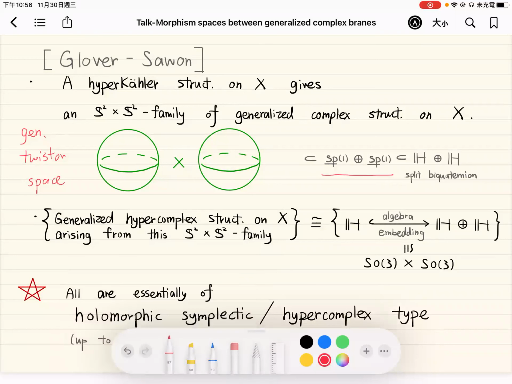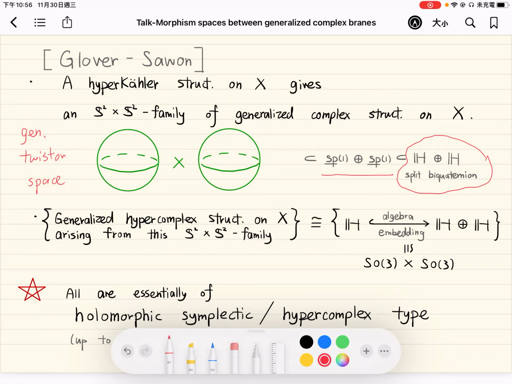And maybe you can think that sp(1) is just the imaginary part of the quaternion, so that this direct sum also sits inside a bigger direct sum, the direct sum of the quaternion and the quaternion itself. The algebraic structure on this direct sum gives a notion of the split biquaternion.